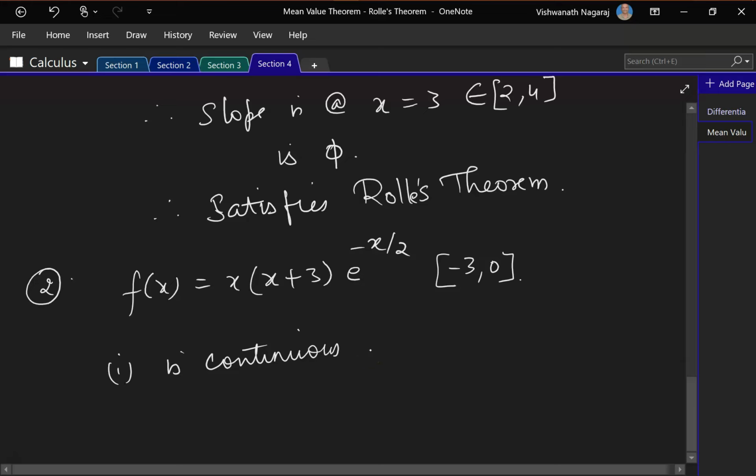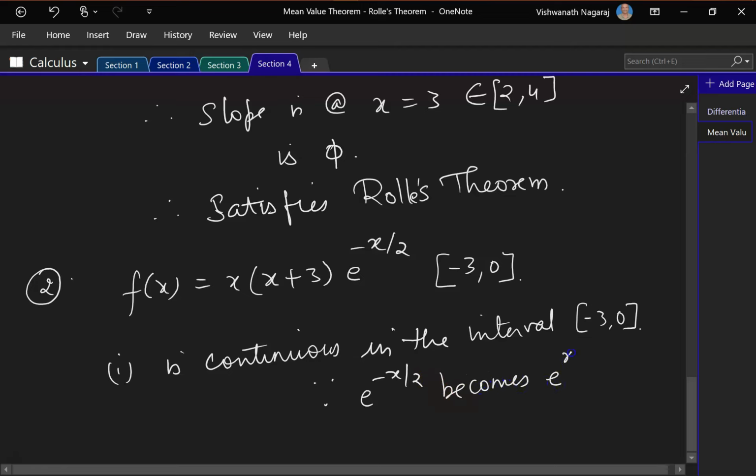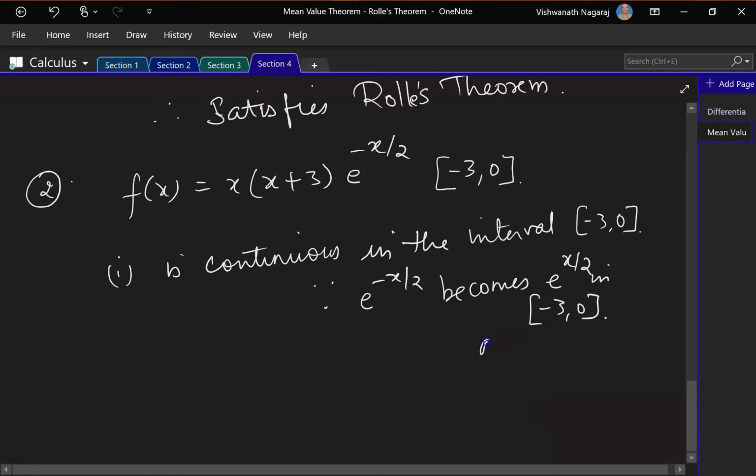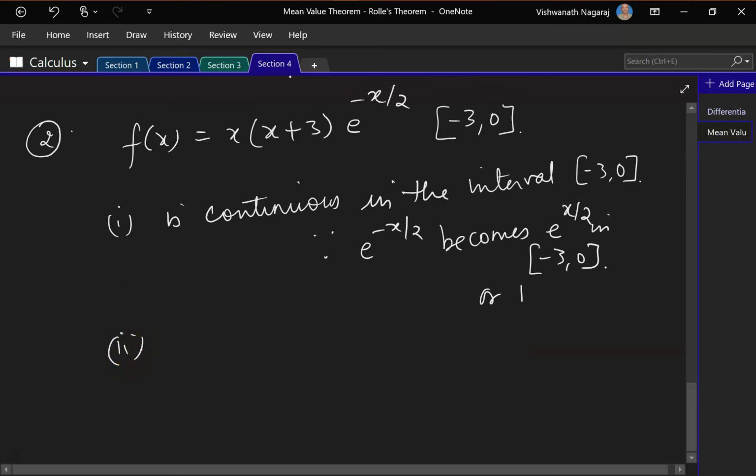Okay, so is continuous in the interval minus 3 comma 0. Since e to the power of minus x by 2 becomes e to the power of x by 2 in this interval, or if it is 0, then it becomes 1. Okay, now let's look at differentiability.